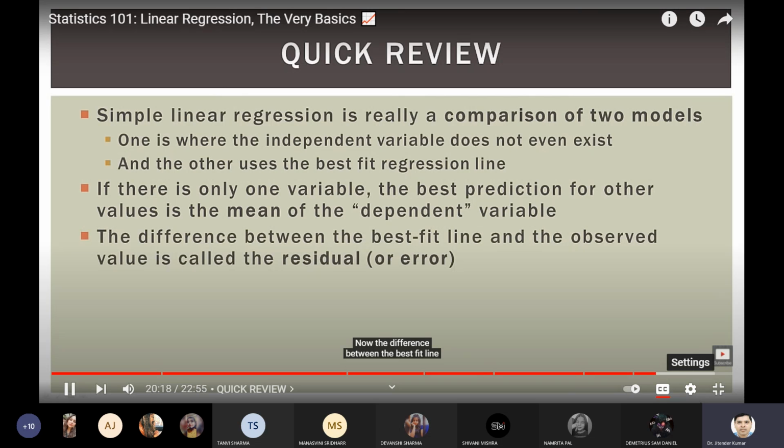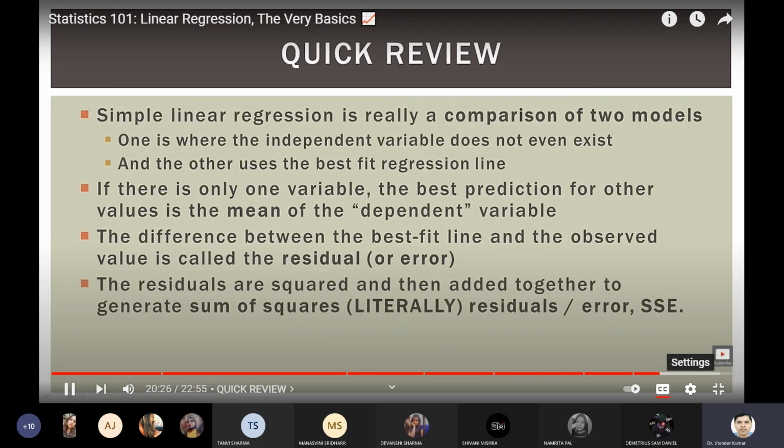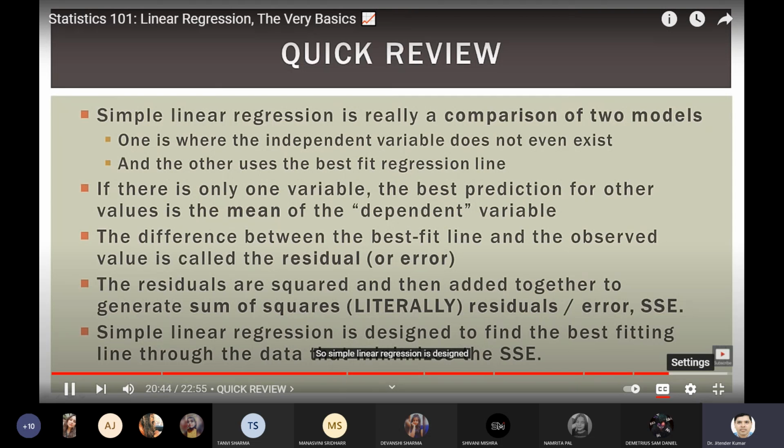Now, the difference between the best fit line and the observed value is called the residual, or the error. The residuals are squared and then added together to generate a sum of squares residuals, or error, so SSE. So we square the residuals and add them together, sum of squares residuals, or most often it's called sum of squares error. Simple linear regression is designed to find the best fitting line through the data that minimizes the SSE.